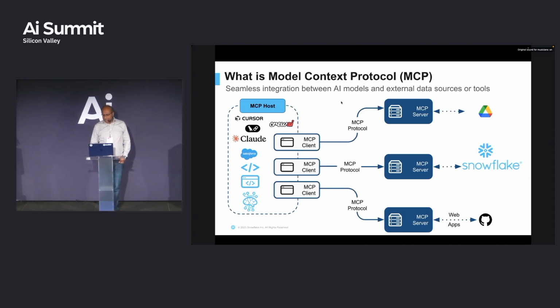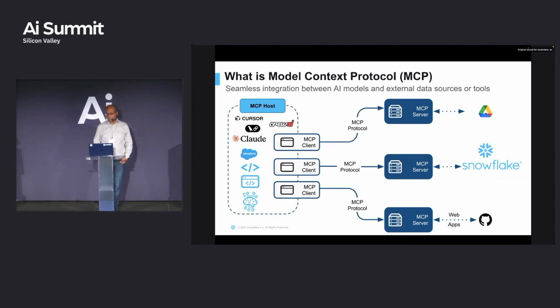The idea here is, let's say some company has a bunch of data on Snowflake, and they are building some application on their side. Snowflake has an MCP server through which there are a bunch of tools made available, and the customer who's building their agent on their side of the platform can access those tools and through them access the data that is on Snowflake.